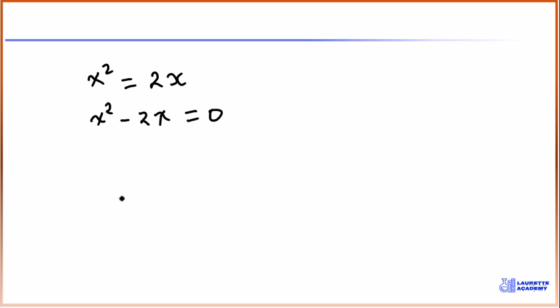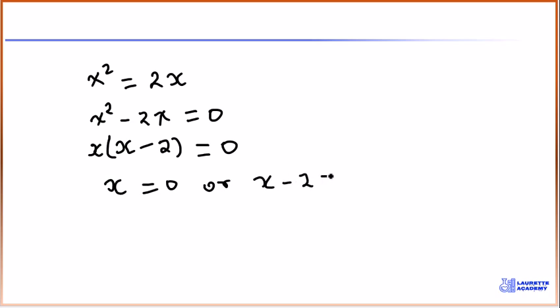Again, this is a quadratic equation which you can easily solve by factorization. In this case, we factor out x. We have x into x minus 2 equals 0. So x equals 0, or x minus 2 equals 0, which gives x equals 2.